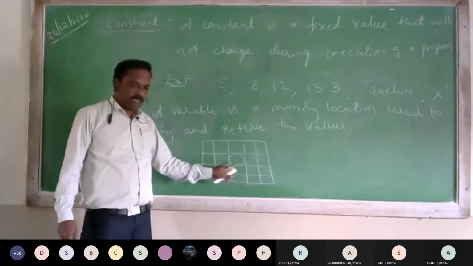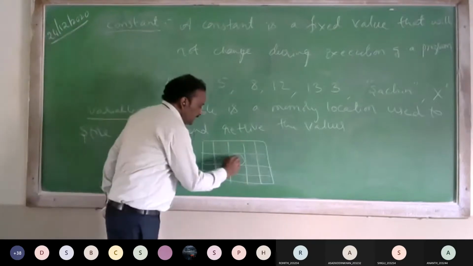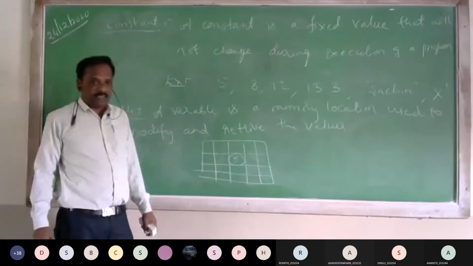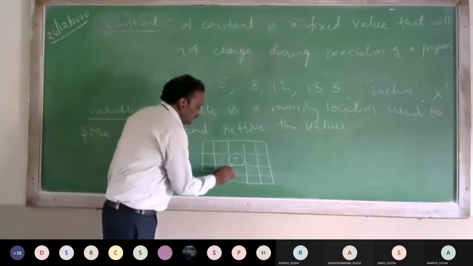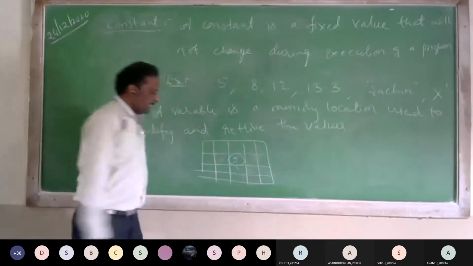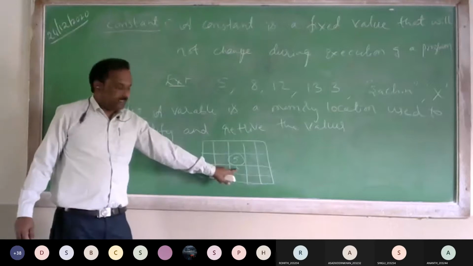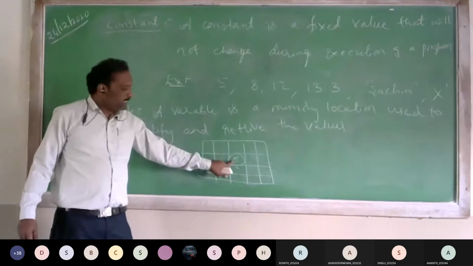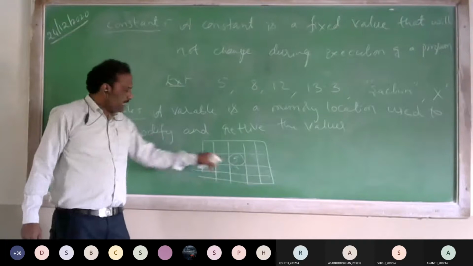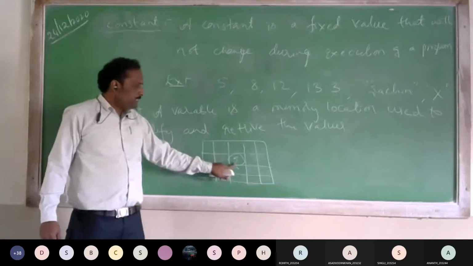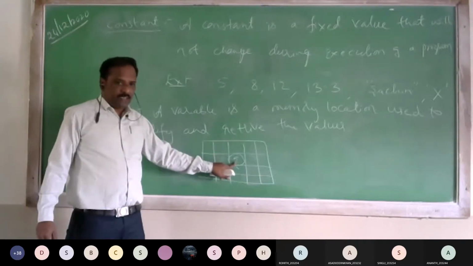This location can contain the value 5. Say this location is A. This A indicates the memory location which can contain the value. This value can be modified, and it can be accessed for other operations.